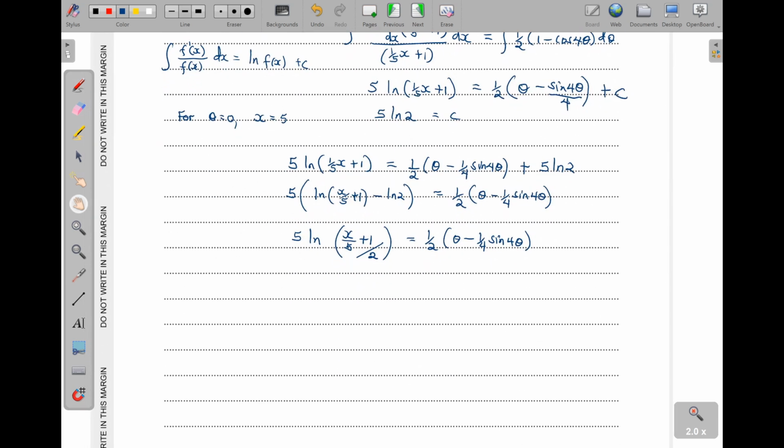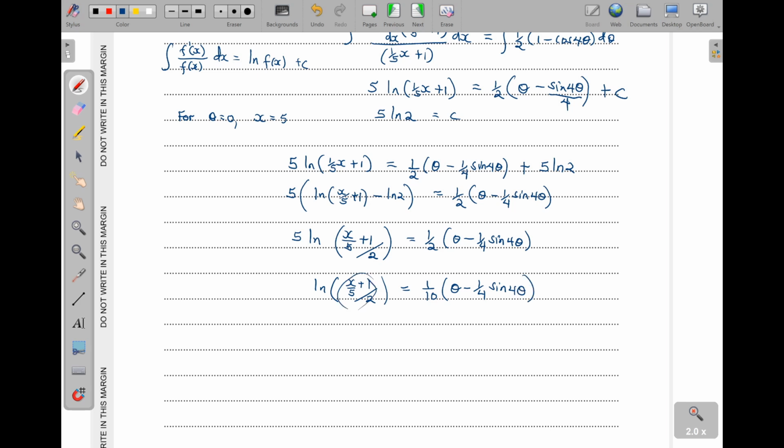Then I can proceed by taking this 5 away to this side. So when I divide all through by 5, I'll have natural log of x over 5 plus 1 over 2. Then this one is going to be equal to 1 over 10, and then theta minus 1 over 4 sine of 4 theta.